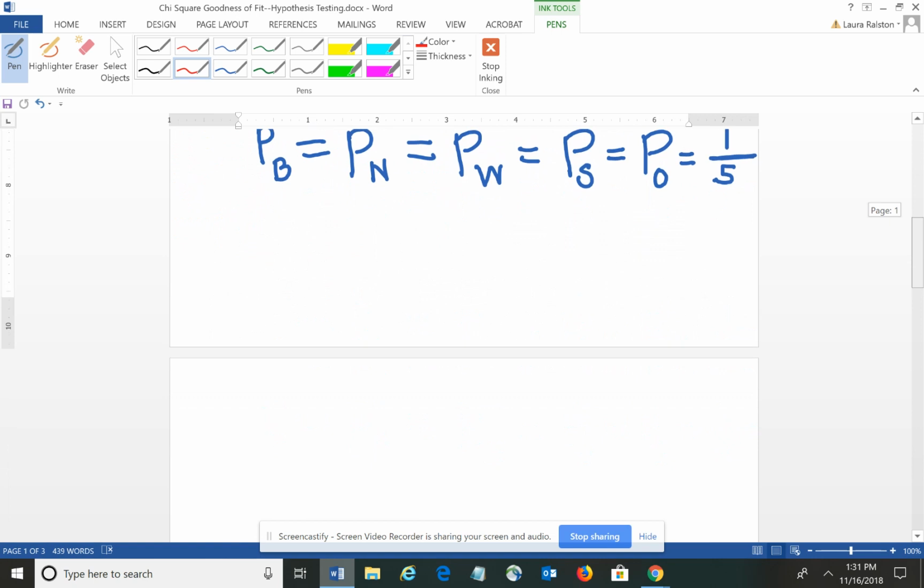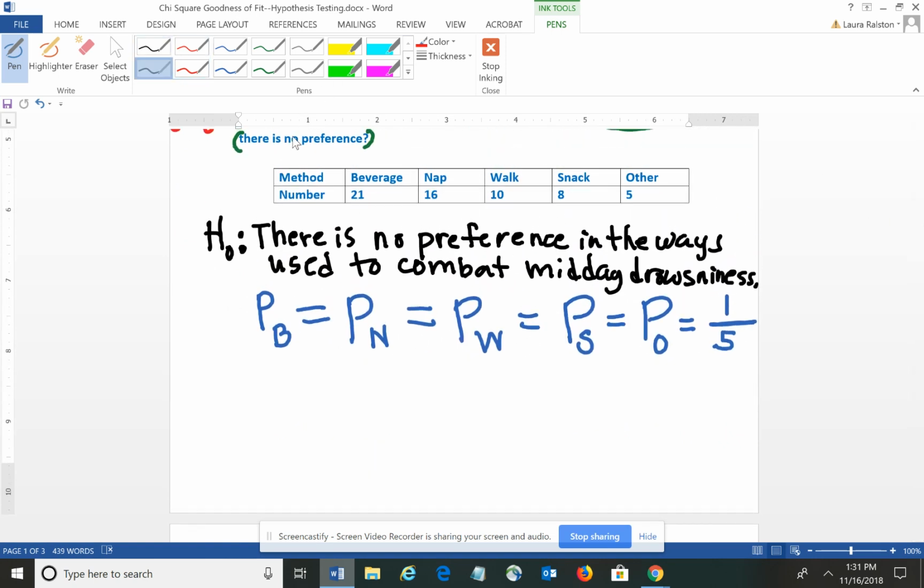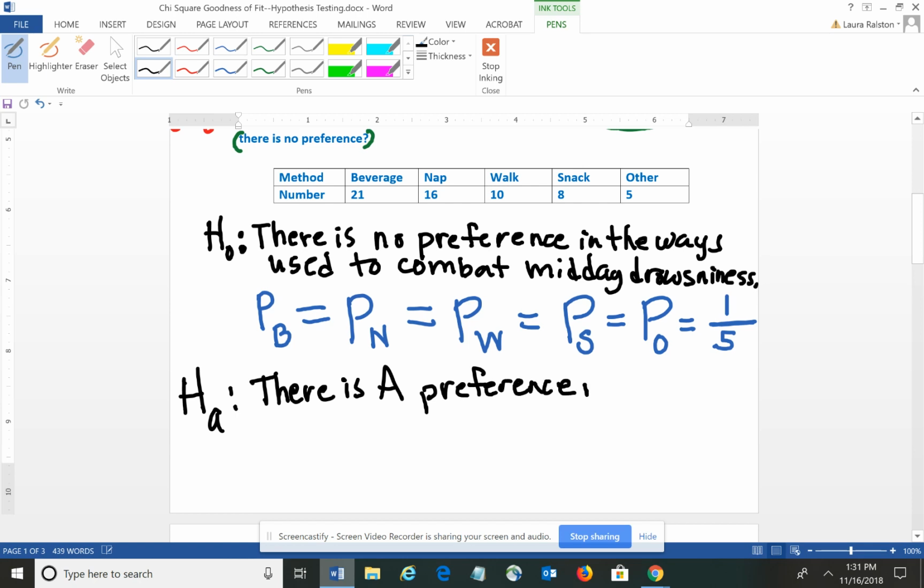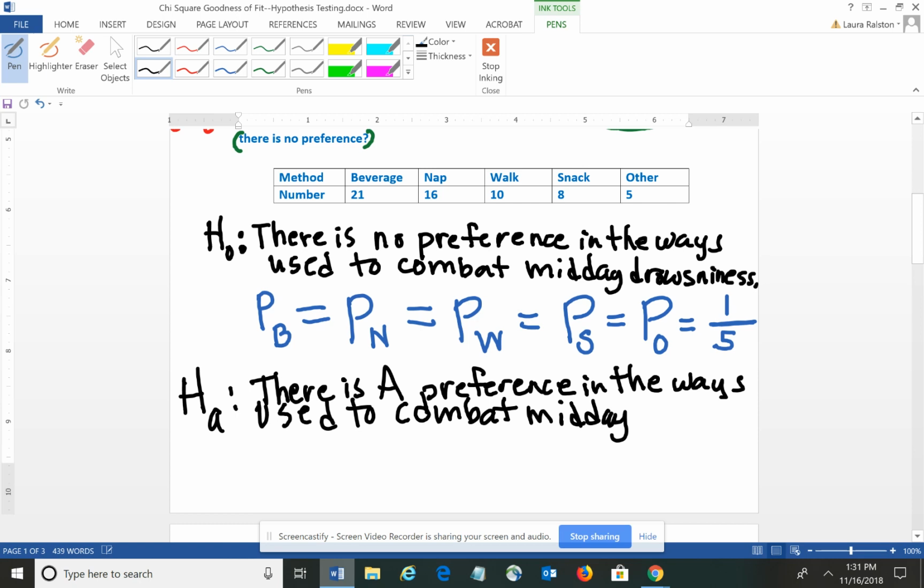We know that the alternative hypothesis would be the opposite. So the opposite of there is no preference would be to say there is a preference, that one method is preferred over the other in the ways used to combat midday drowsiness.